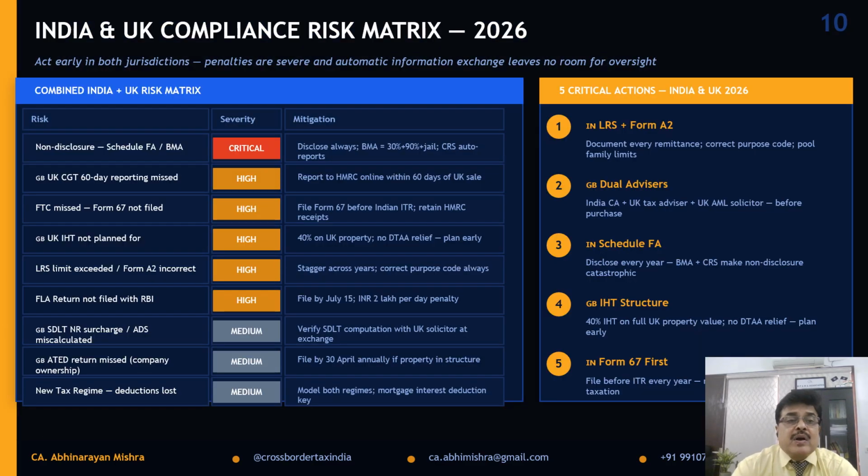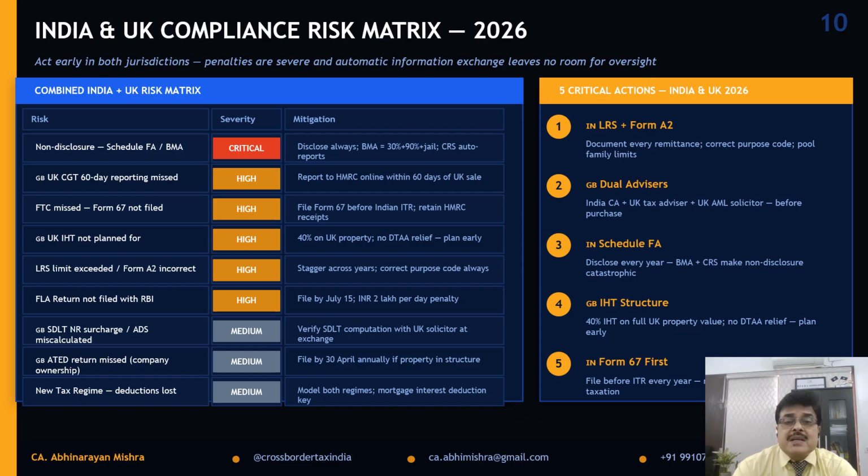So most critical is non-disclosure in FA, a violation of the Black Money law. That is the most critical. Disclose always. Penalty of 30% plus 90% plus jail. Then if we categorize the high risk areas: UK capital gains tax 60-day reporting missed.